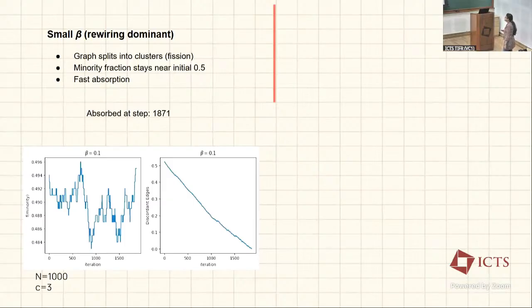So the graph splits into clusters very fast, as we can see here. The minority fraction, as I described before, is almost between 0.45 to 0.5, and discordant edges also show fast absorption.